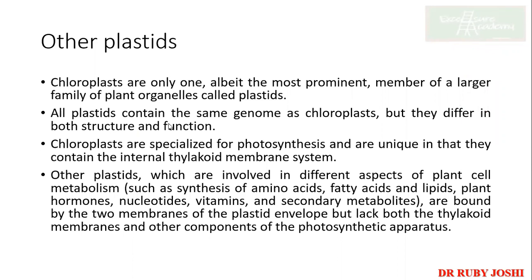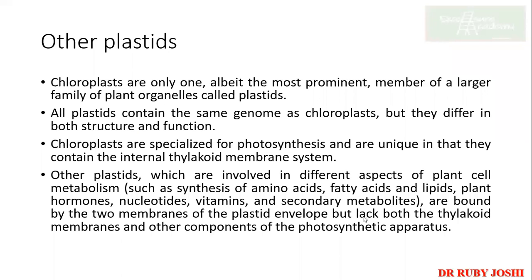Okay, so the chloroplasts are only one member of a larger family of plant organelles called the plastids. The plastids do contain the same genome as chloroplasts, but they differ in both structure and function. We know that chloroplast is specialized for photosynthesis and has the internal thylakoid membrane system, whereas the other plastids might be involved in the synthesis of amino acids or secondary metabolites.